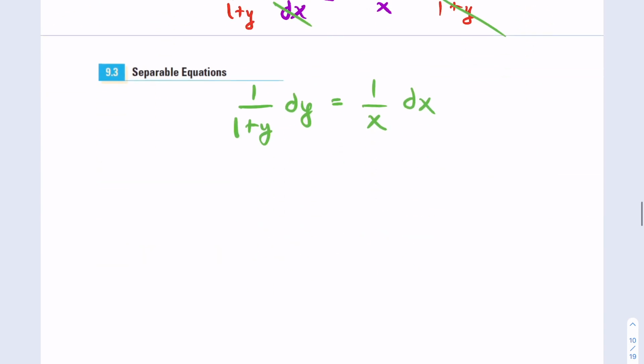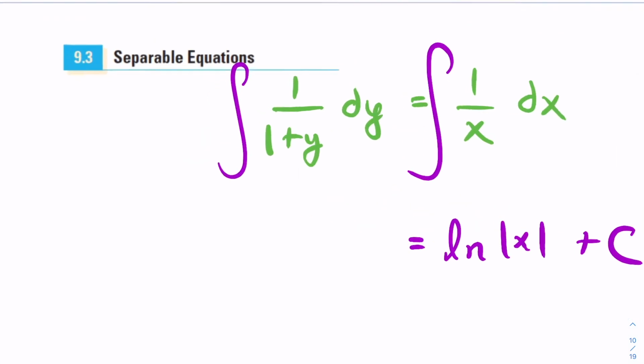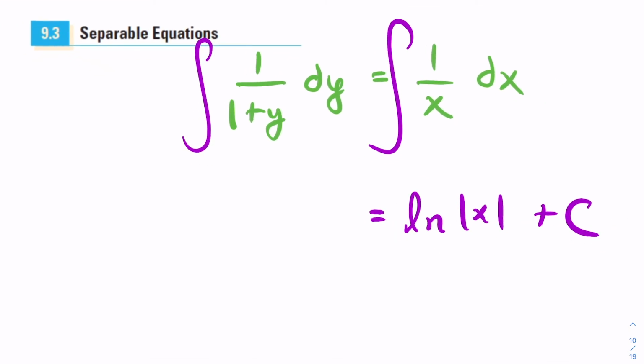Okay, we separated it. Then we integrate. The integral of 1 over x is just the natural log of the absolute value of x, plus the c. Now here there is u substitution involved, but since this is a simple linear, there's really no need to do it.